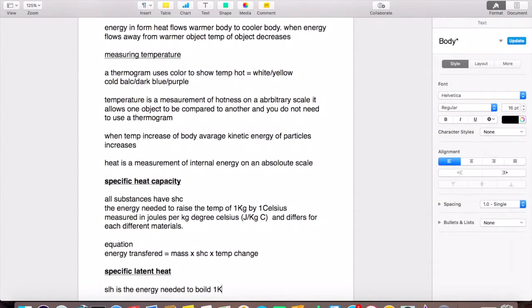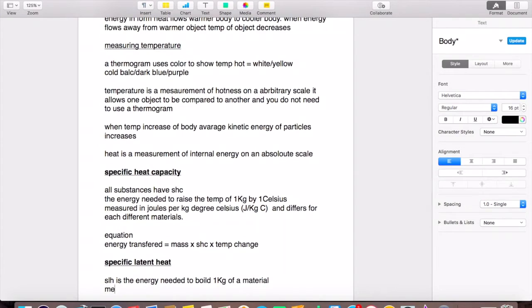It is measured in joules per kilogram, J per kg, and differs for different materials and each of the changes of state.